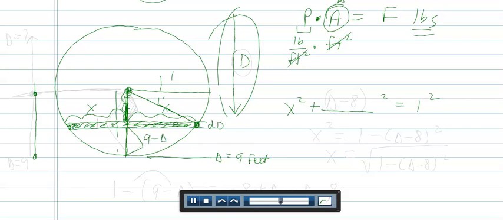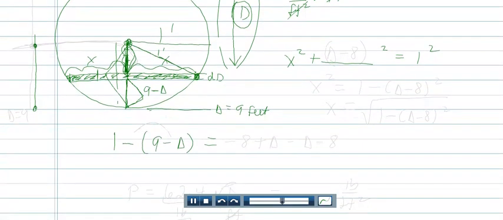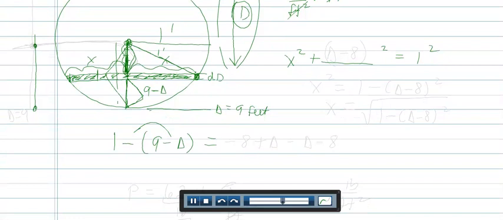Well, if this piece down here is 9 minus D, I know the whole radius here is 1, then the remaining piece here that I'm interested in is going to be 1 minus the 9 minus d, which, if I distribute that minus sign, is negative 8 plus d, or probably looks better as just d minus 8. So this leg right here that I'm interested in is d minus 8.